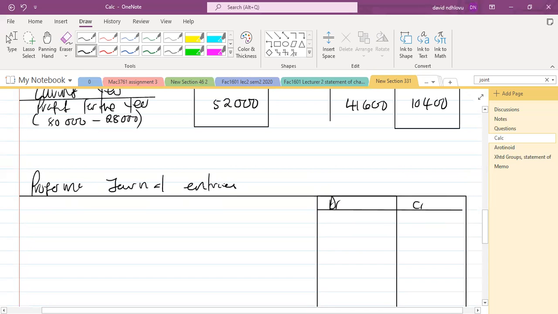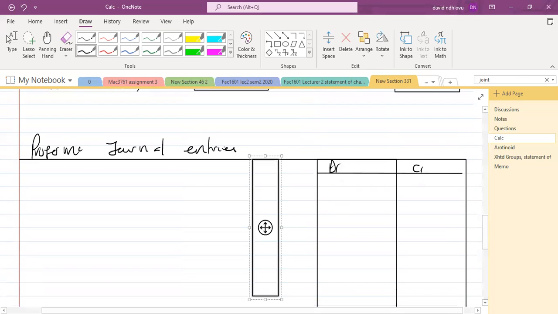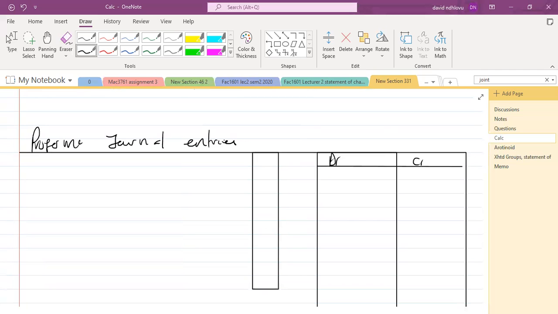Right, we use the journal entries to eliminate common items, intercompany transactions, and unrealized profit. So we are going to start by eliminating what we call common items. We're going to deal with common items first.